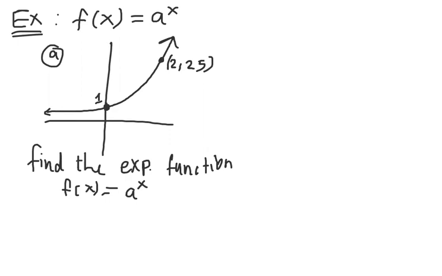From the graph, f of 2 is 25. From this point, I can find the exponential function, since the exponential function always looks like f of x equals a to the x. So I plug the 2 inside this function, and f of 2 will give me 25.